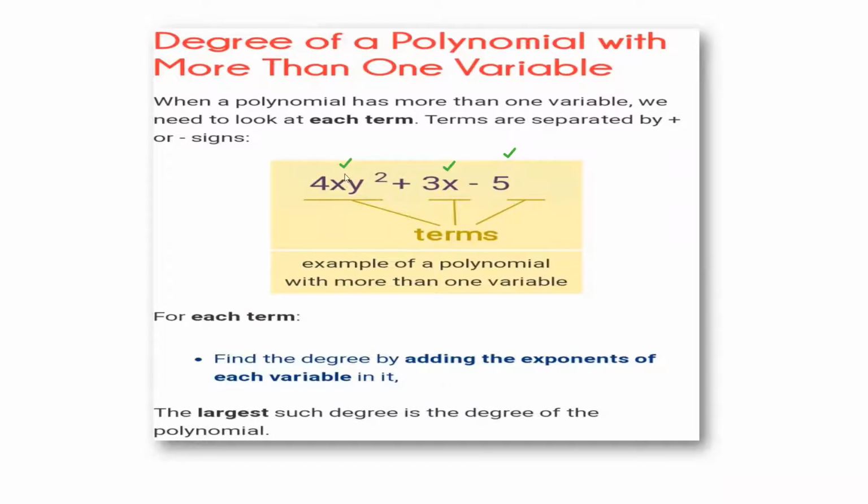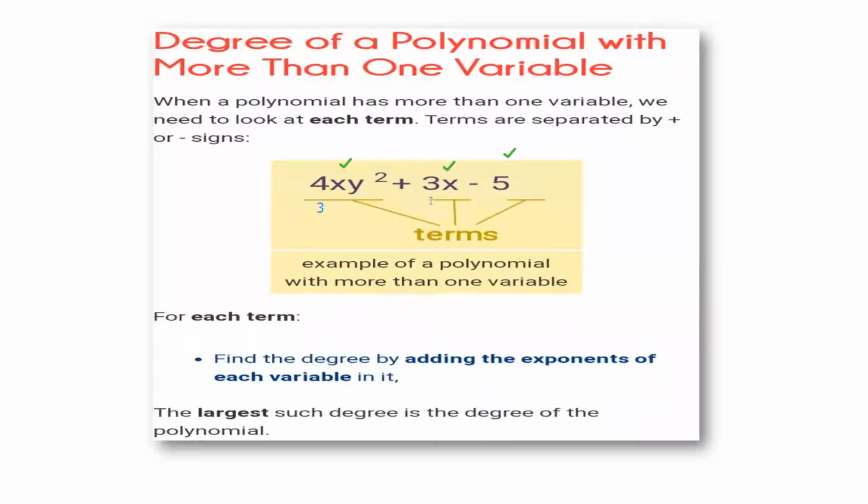Here x has power 1 and y has power 2. So 1 plus 2 is 3. The degree of this term is 3.